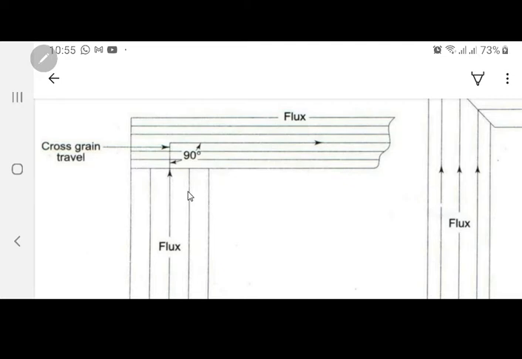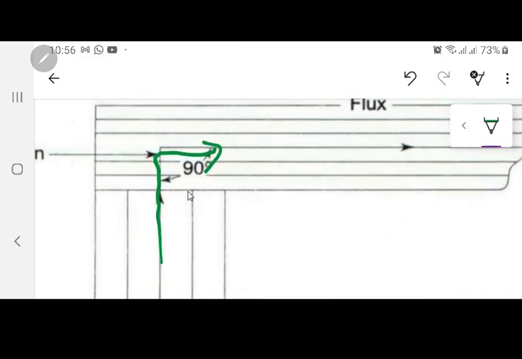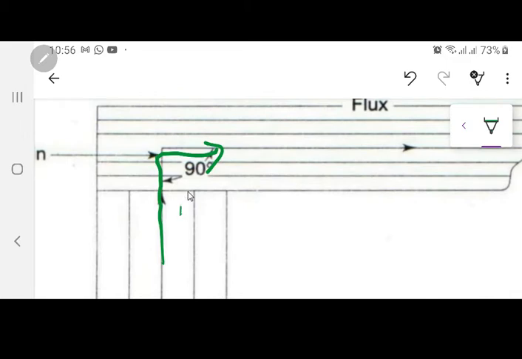Now the problem in that kind of structure is this: when the flux has to travel, it has to travel at 90 degrees into the core, and when these lamination sheets are made, the grains are oriented in one certain direction. So when the flux is entering at this point, it is at 90 degrees to the grains.